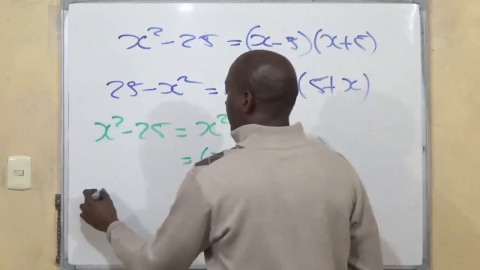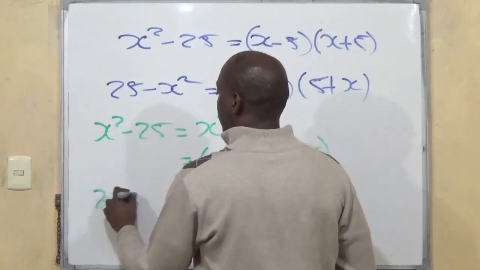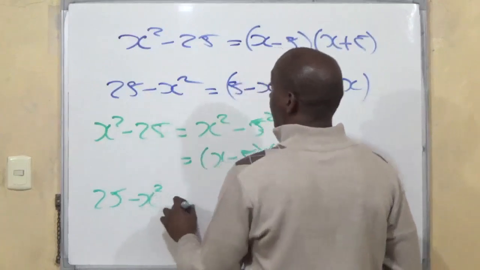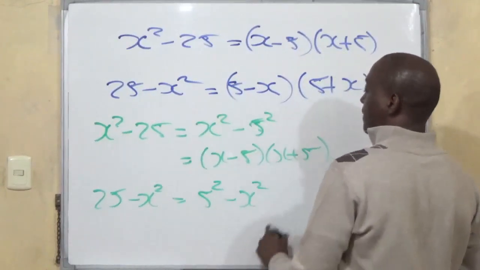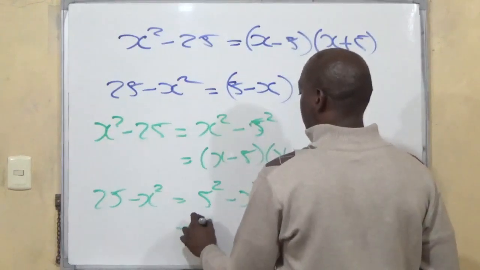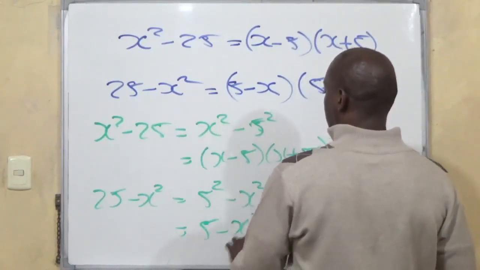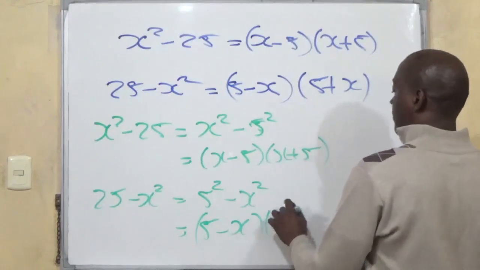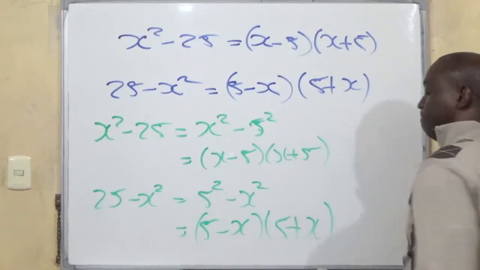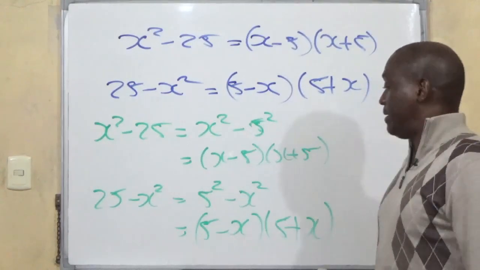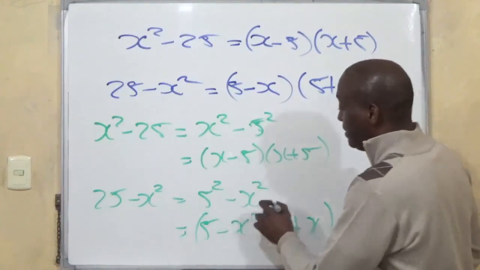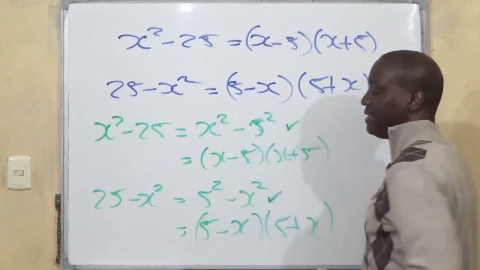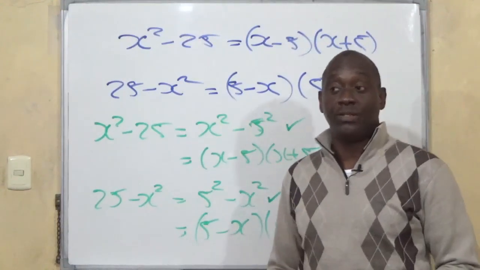And over here, they would say 25 minus x squared is equal to 5 squared minus x squared, which is equal to (5 minus x)(5 plus x). Right, so this line is not absolutely necessary, but if you need this line just to make things a little clearer for yourself, by all means, go right ahead.